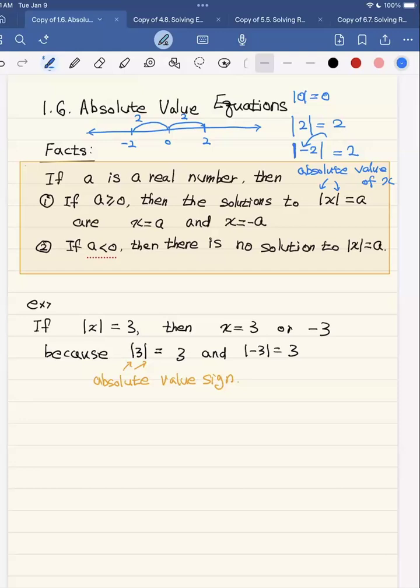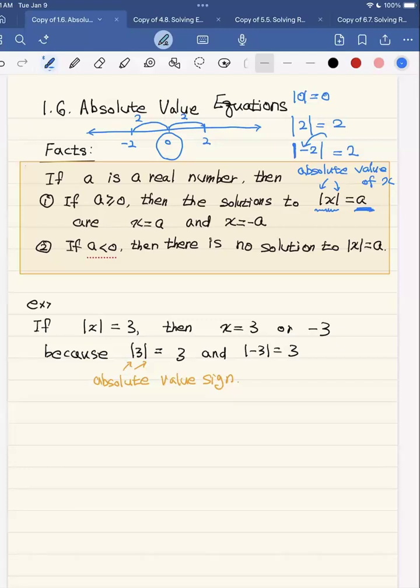When we say the absolute value of x equals a, that means the distance between 0 and that unknown number is a. So a is greater than or equal to 0 if this equation has a solution.